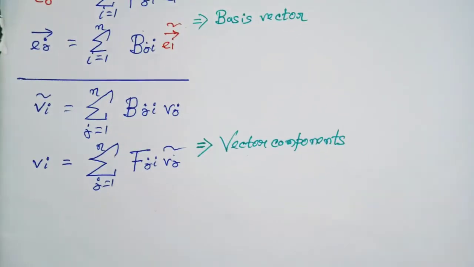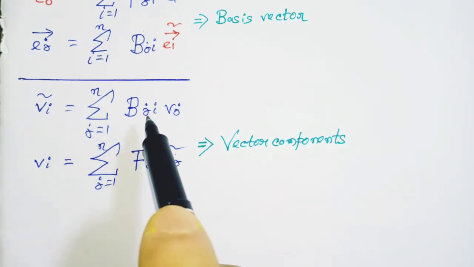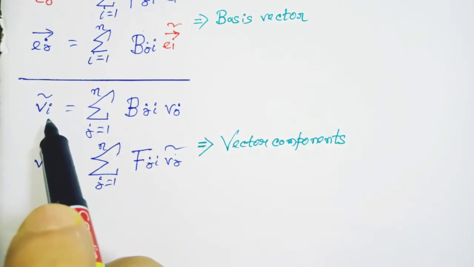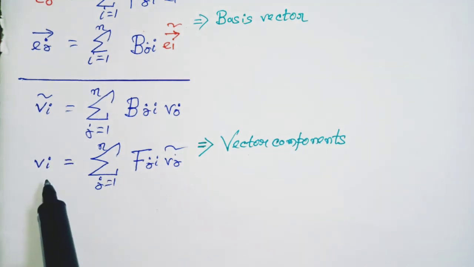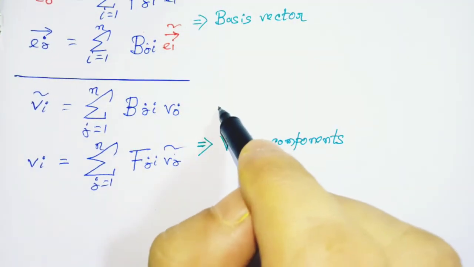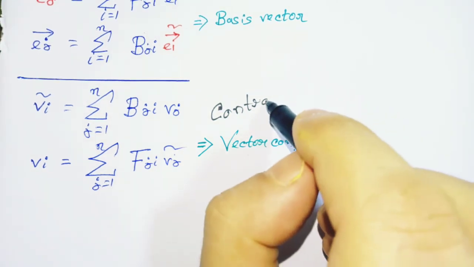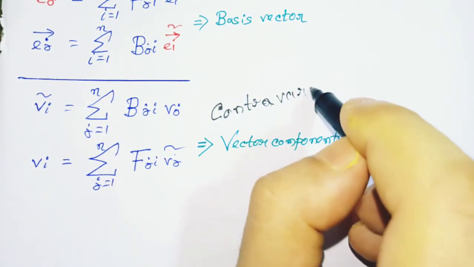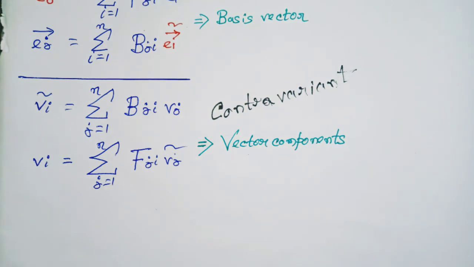But you see the difference over here. In order to get to the backward, we are using the new one, and for the forward, we are using the old one. So for vector components, this is what I can now write as contravariant. Contravariant means it is happening exactly in the opposite direction. So it is a contravariant part, right?